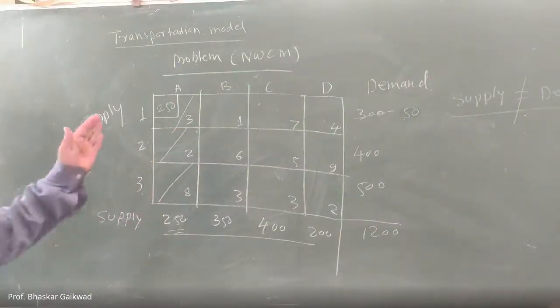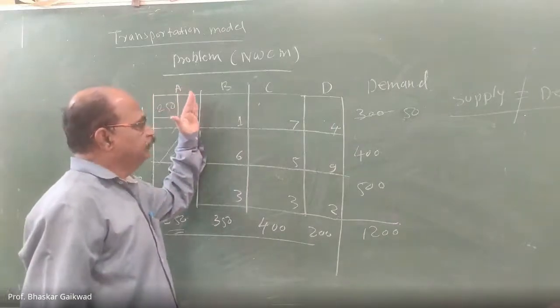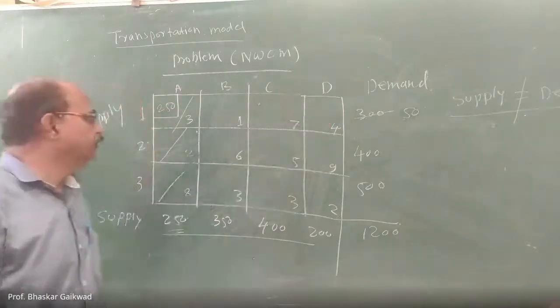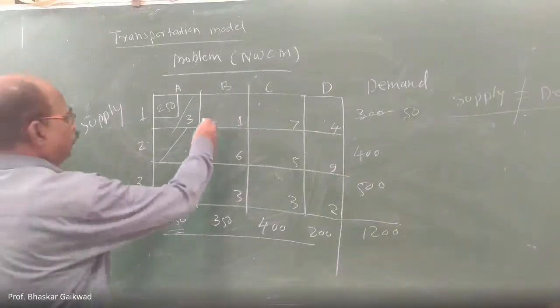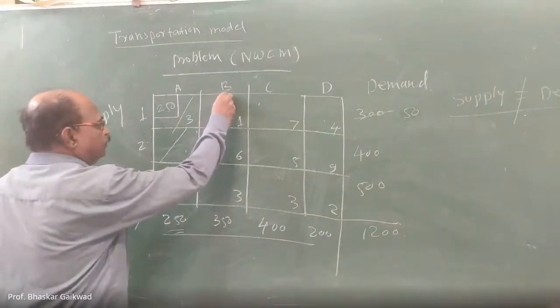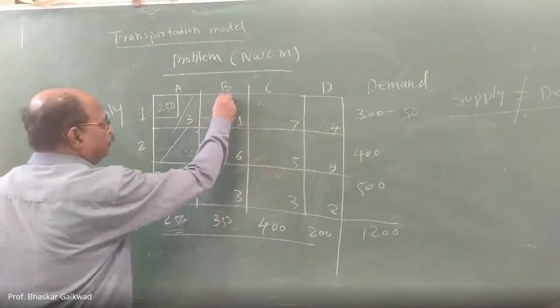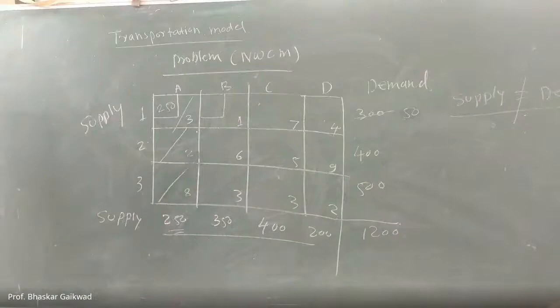Then this is the remaining. After this, which is the next northwest corner? This is the northwest corner.